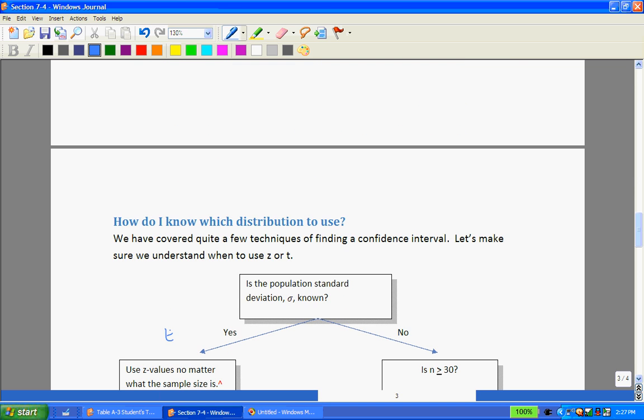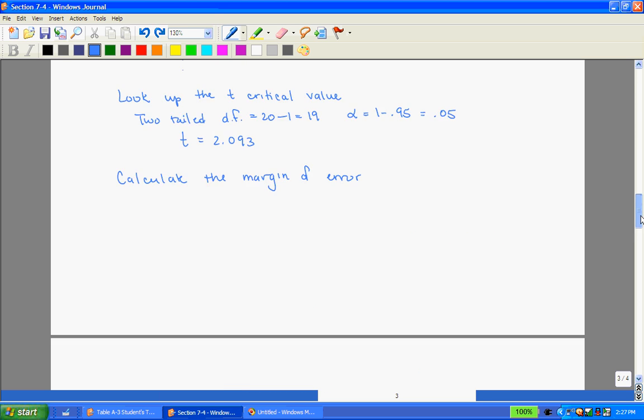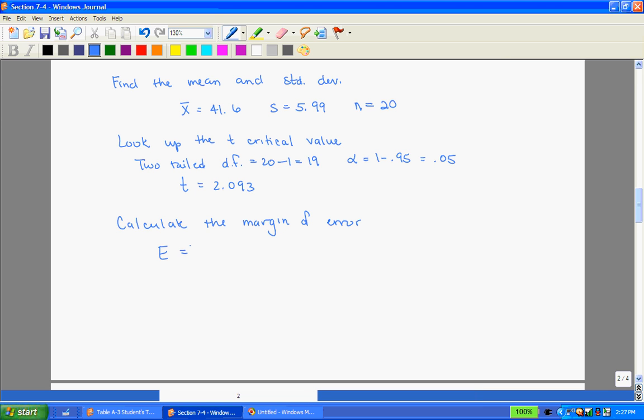So in our above formula, for E, we're going to take that t-value, 2.093, times the standard deviation, 5.99, divided by the square root of the sample size, which is 20, and we get 2.80337 if you keep a couple of different places. So that's the margin of error.